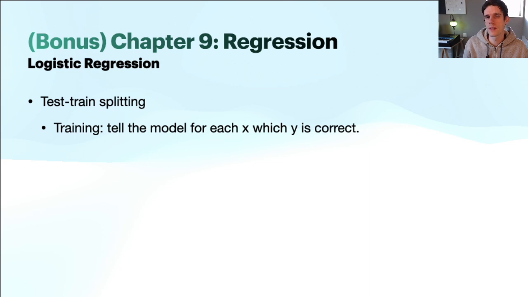And then the hope is that because the model is shown so many pictures of dogs and so many pictures of cats, it will be able to distinguish between the two if it is shown a new picture. So just remember that the training of your model happens on your training set, where in this case for logistic regression, you tell for each x value which y value is correct.